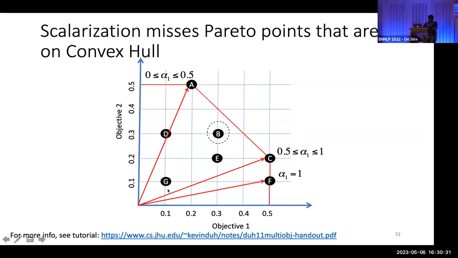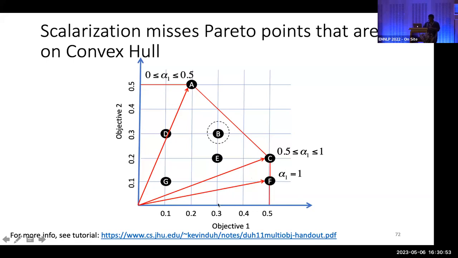So here is an example of what happens. When you're doing a linear combination of objectives, what you're doing is basically you're saying, I'm adding this number with this number. And depending on my weight on this objective, I basically have an array that's going to shift.